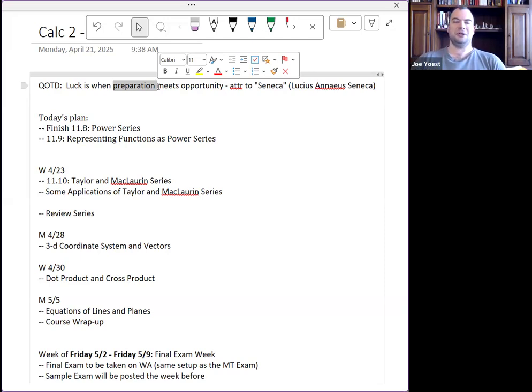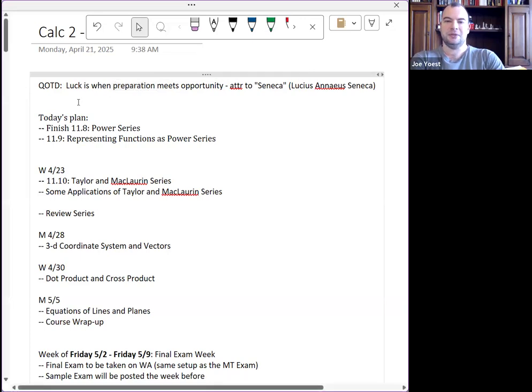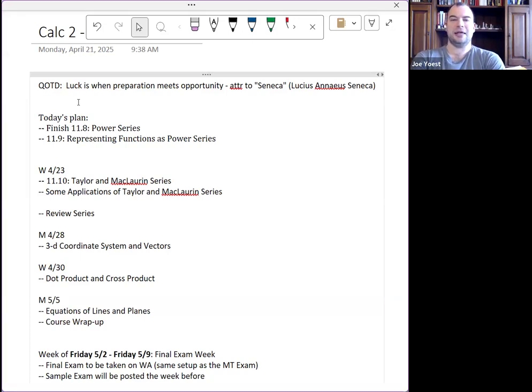Similar opportunities may come around to other people, and if they don't have the right preparation at the right time, that opportunity just passes by. So focusing on being prepared to meet opportunity when it arises, I think that's what often feels like luck.